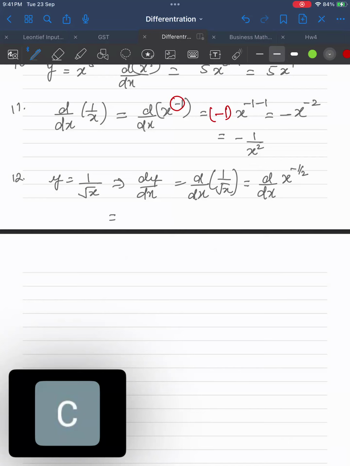Whatever is there in power would come in front, and it would be x power, whatever there is, minus 1. It would become minus half x power minus 3 by 2. We can leave it here or we can bring it to the denominator.